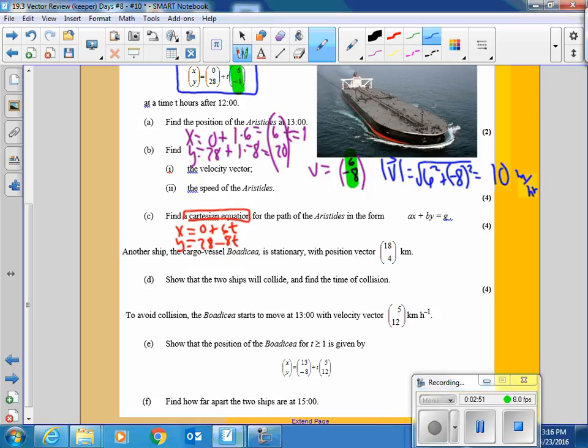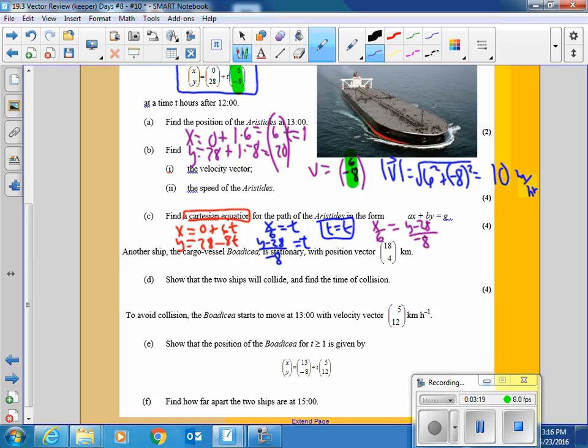So x over 6 equals t, and (y minus 28) over negative 8 equals t. Well, since t equals t, then you can say that x over 6 equals (y minus 28) all over negative 8.